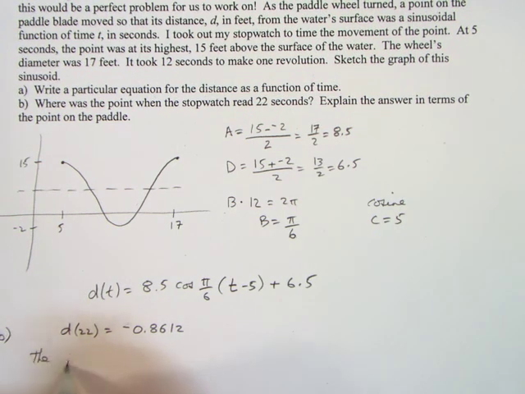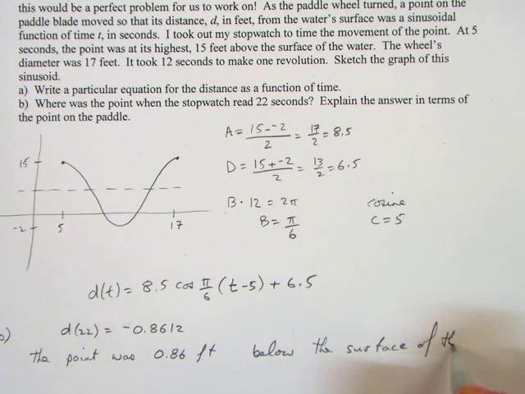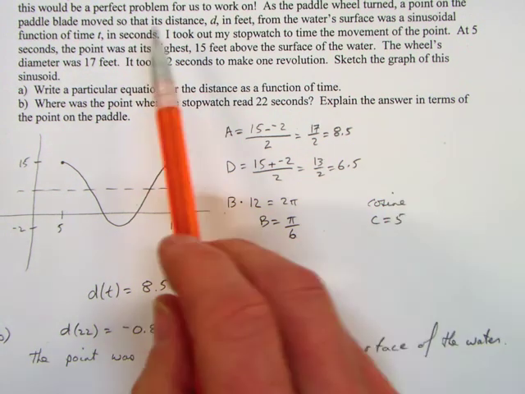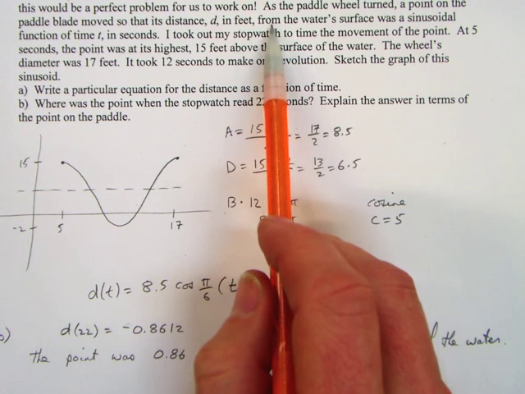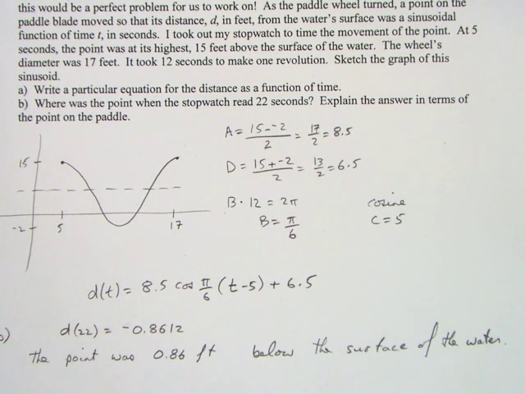The point was 0.86 feet below the surface of the water. That's what that negative is telling us, because remember, D is defined as feet from the water surface.